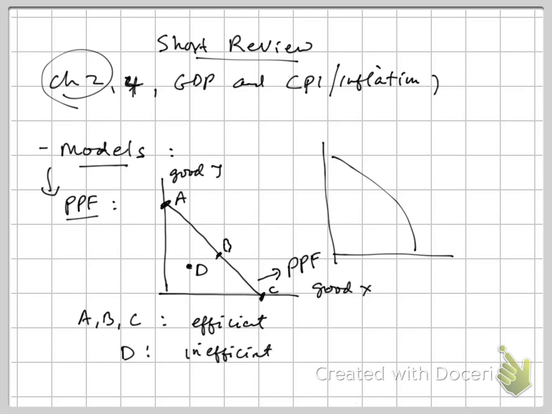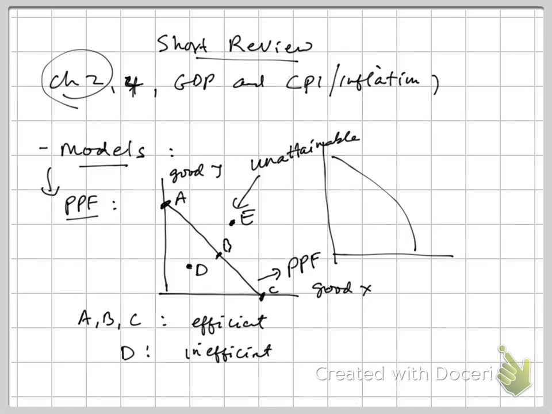And then points like point E are what we call unattainable or not feasible at this given time, but over time, due to technological progress or due to more resources, it can be attained.